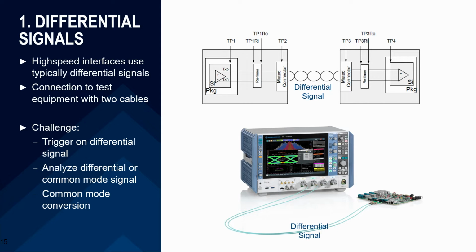And this, of course, can be a big challenge, because I want to look to a differential signal. I want to trigger on a differential signal. And I also want to look, maybe later on, I want to do some compensation with de-embedding. So I want to apply an S4P file for correction. And so having just 2 single-ended signals for analysis would be a problem.